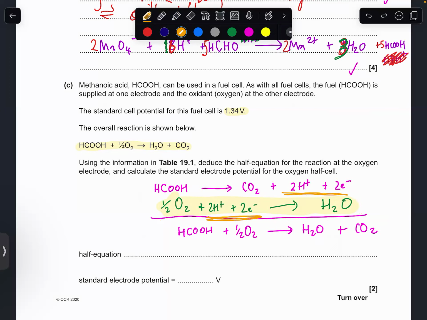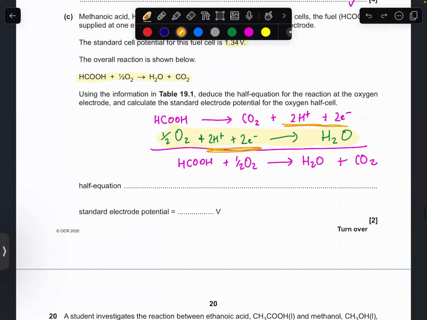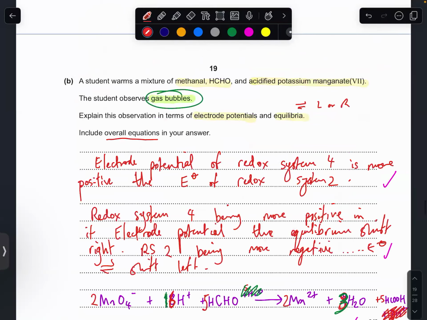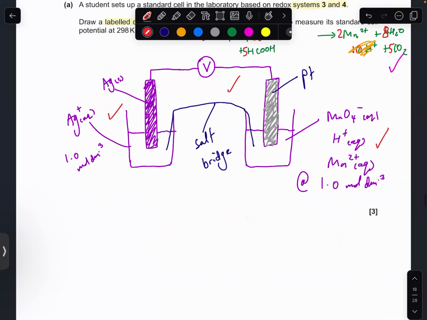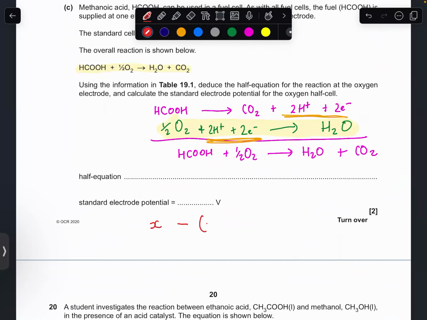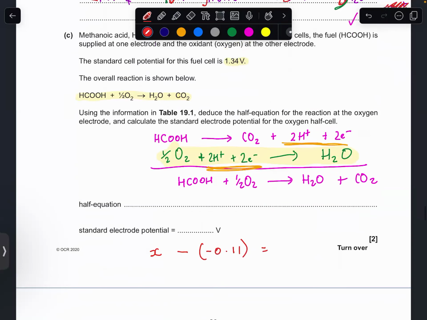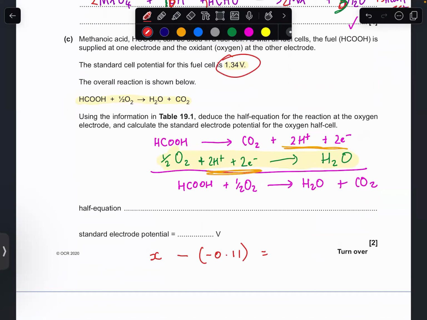So the highlighted is your half equation, and the standard electrode potential is going to be, remember, always the positive minus the negative value. In this case, the positive one is what we're trying to work out. The negative one is minus 0.11. So X minus minus 0.11 gives you 1.34 volts.